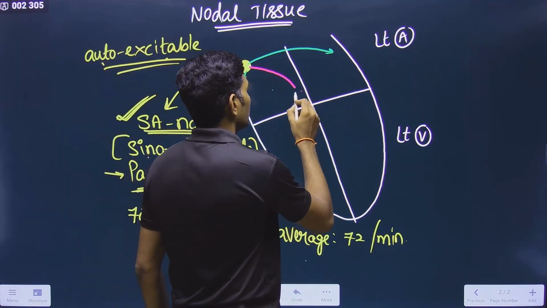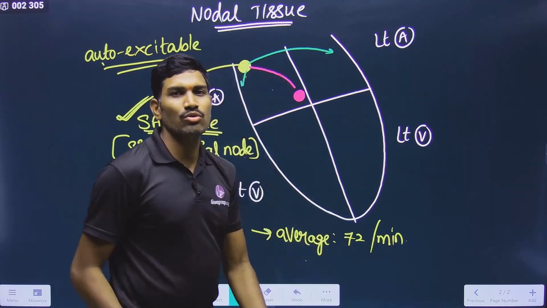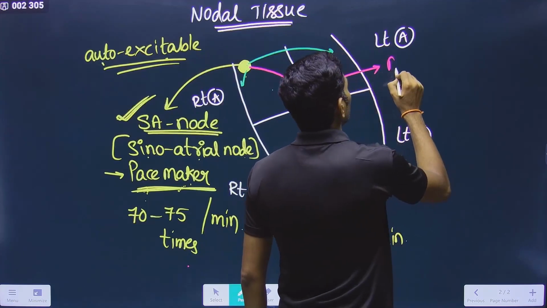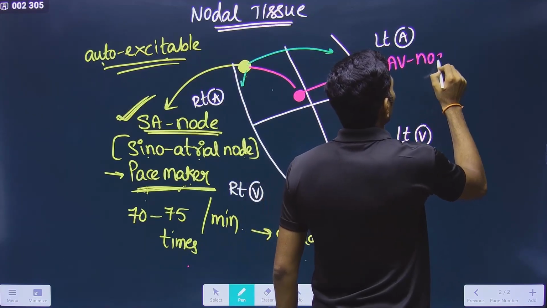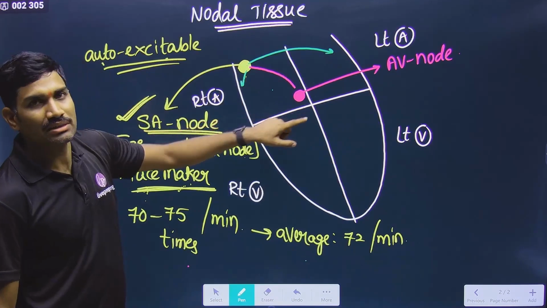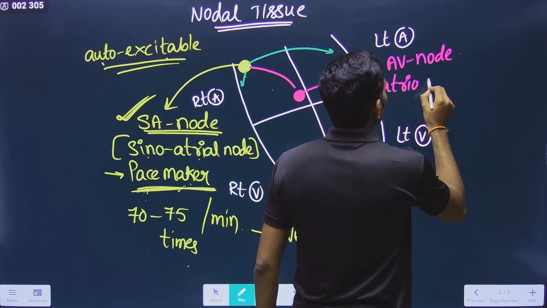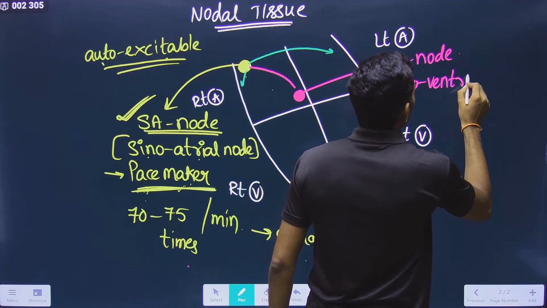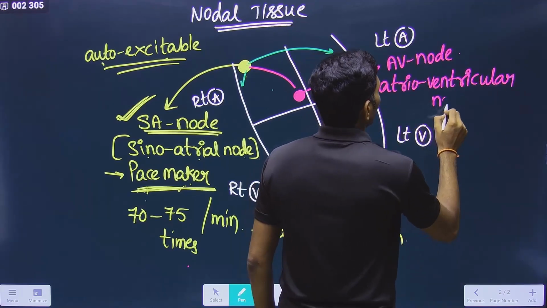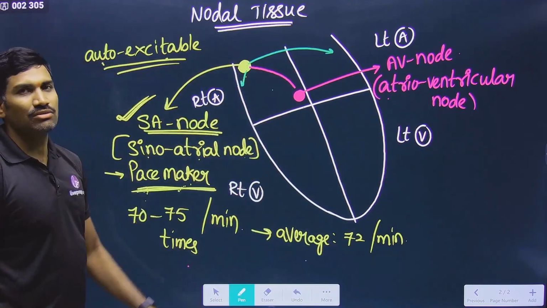Just nearer to this, there is again a group of cardiac muscle cells, and this is called the AV node. It is present nearer to the atrioventricular septum. That's why it is called the atrioventricular node.